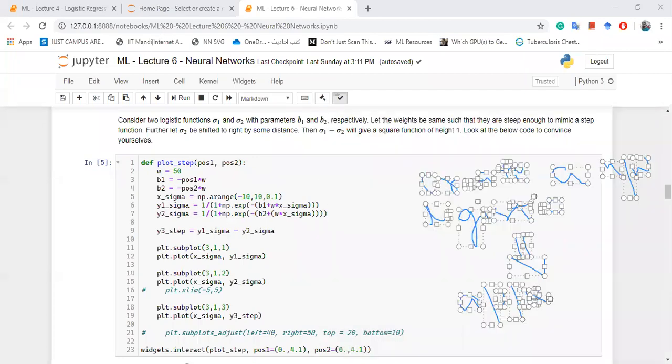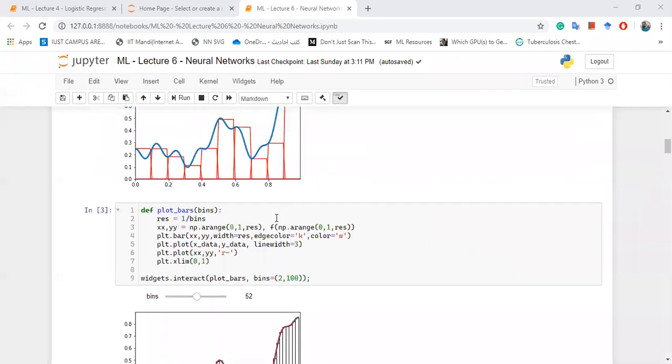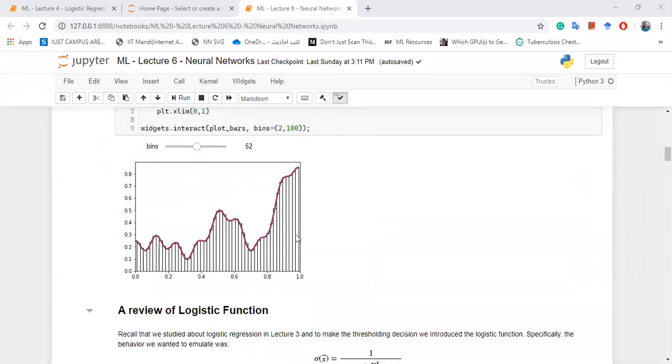If you still have doubt in that, we can always go back to this diagram here. You see here, as we were increasing the number of bins or the square functions, the precision of our predicted function to the true function was increasing. And if we were decreasing the number of square functions, the precision was decreasing.